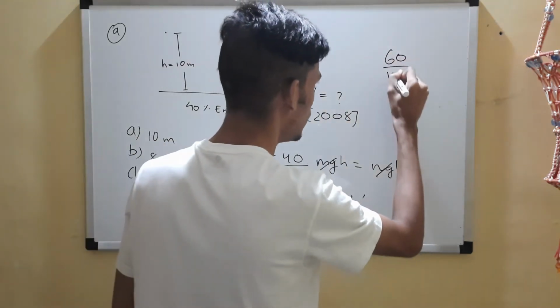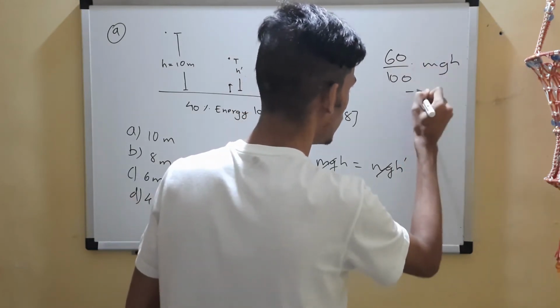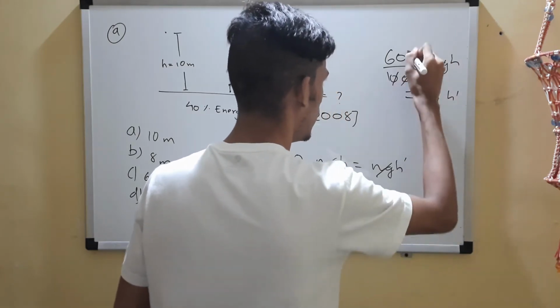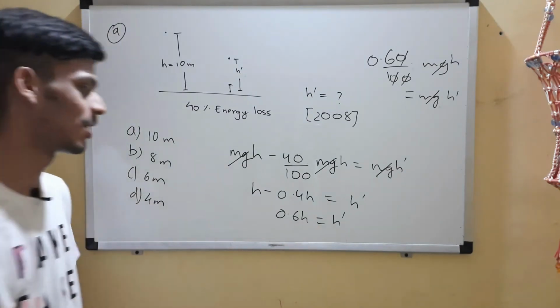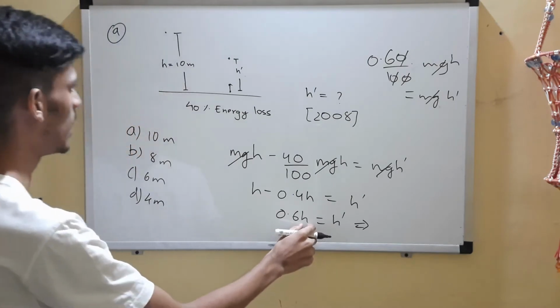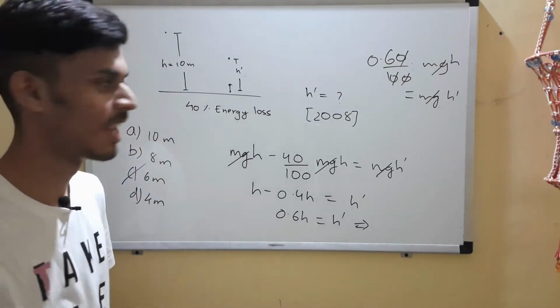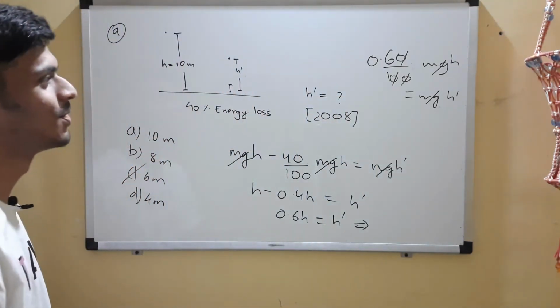So 60% of mgh will give you mgh dash. So mg cancels mg, and here you'll have 0.6. So 0.6 h equals h dash. Anyways, you'll get your answer over here, 0.6 into 10, which is 6 meters. So logic. So let's move to the next question now.